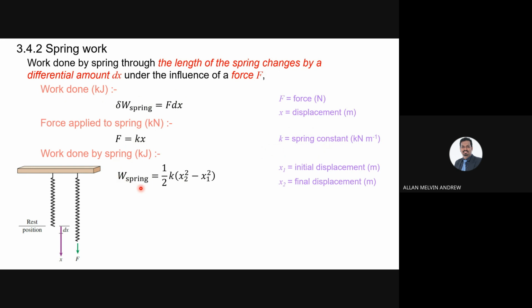Work done by spring equals half k, where k is the spring constant, times x2 squared minus x1 squared. x2 is the final displacement, how much the length elongated, and the initial is from here. So you can calculate the work done by the system. A force is applied and a distance is covered, so that's why we consider this as work done.